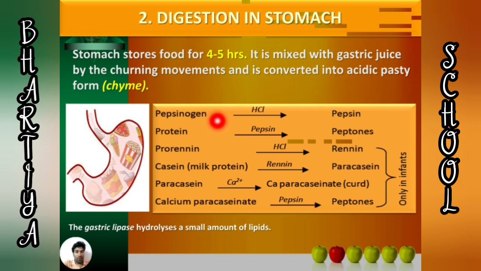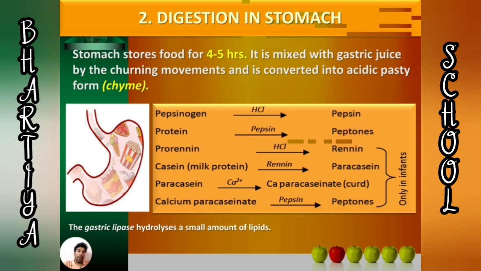The word pro or nogen denotes the inactive form of enzymes. First, the HCl secreted in the stomach converts pepsinogen into active pepsin, and pepsin digests the protein present in our food into small parts, that is peptones.